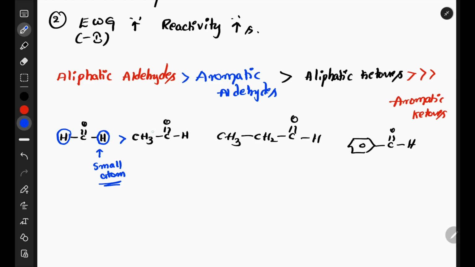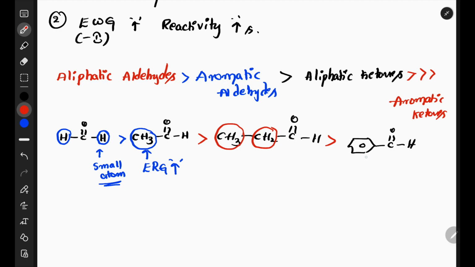But in this molecule, there is an electron releasing group, and when electron releasing groups increase, the reactivity further decreases. That's why compared to formaldehyde, acetaldehyde is less reactive. And look at this one, there are two electron releasing groups, so the reactivity further decreases.